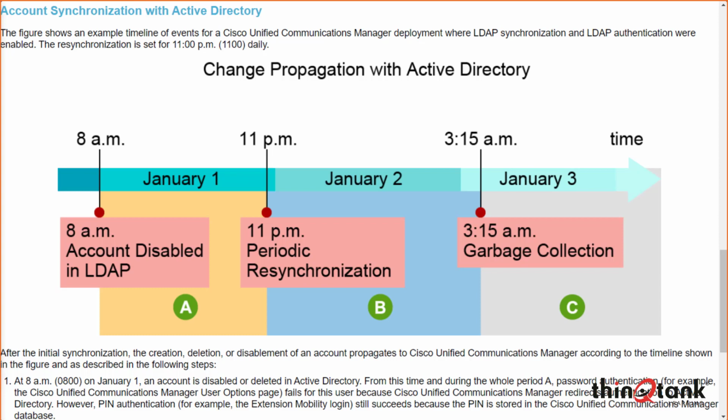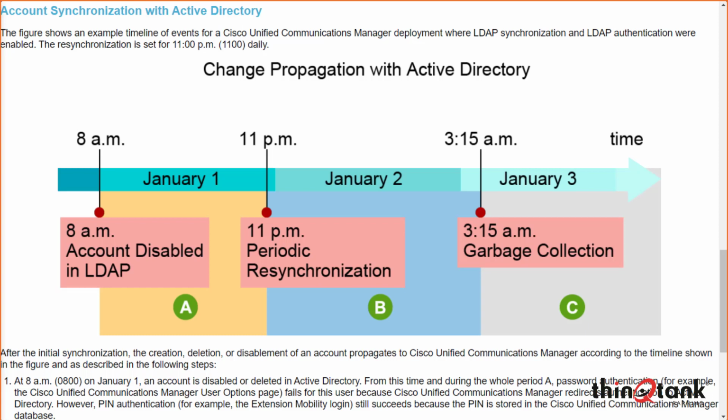From this time, and during the whole period until we do the periodic resynchronization, password authentication fails for that particular user because Call Manager redirects the authentication to Active Directory, assuming we're doing the authentication component within Active Directory. PIN authentication for extension mobility will still work because extension mobility PINs are stored in Call Manager.